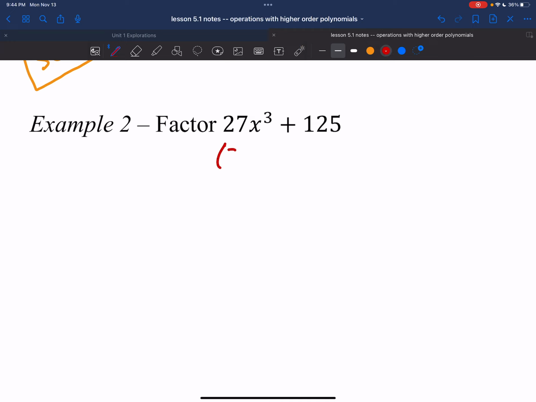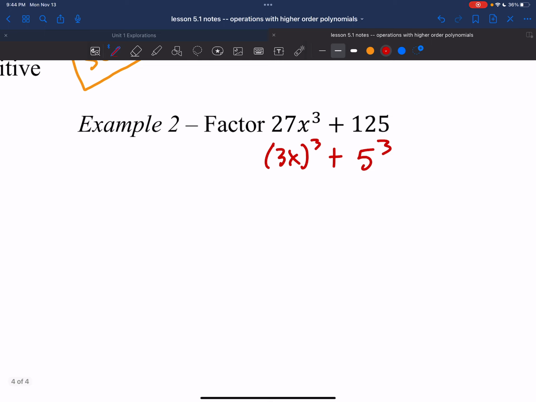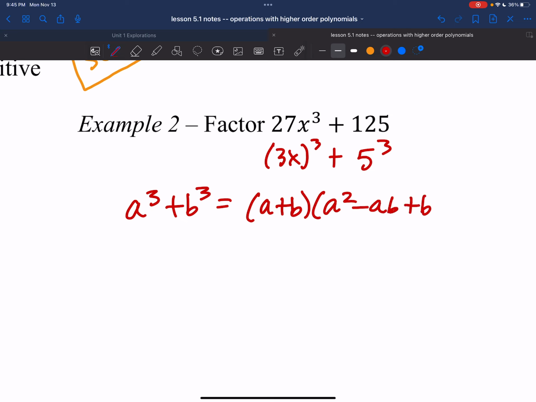27x cubed is 3x cubed, and 125 is 5 cubed, right? So this is a sum of cubes, so it's a cubed plus b cubed, factors as a plus b, so that's same, and then opposite, and then always positive. See, same, opposite, always positive, right?